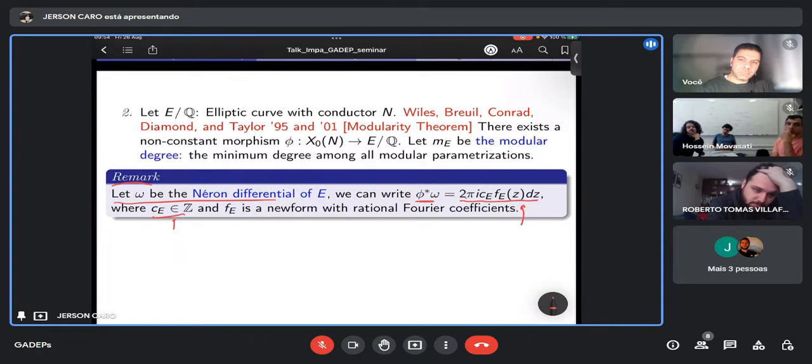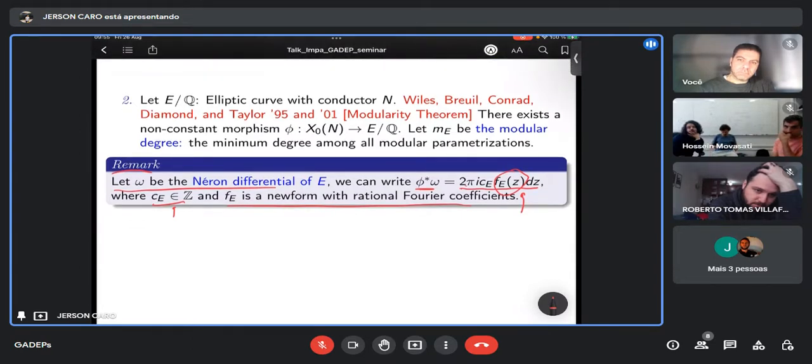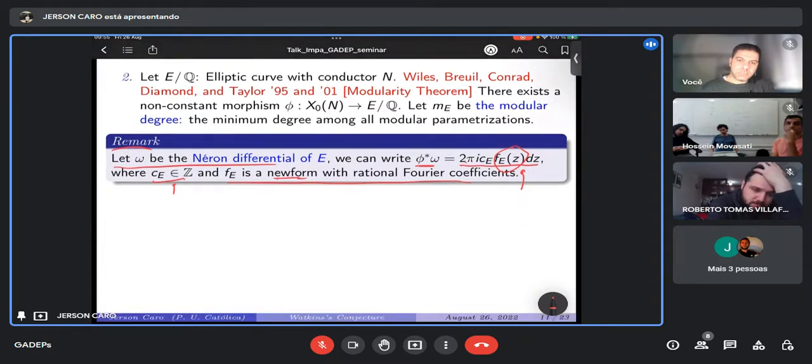It's hard to prove that it belongs to C. And f_E is a newform with rational Fourier coefficients, integer Fourier coefficients to be more precise. But that's the relation between newforms and elliptic curves. Whenever we have an elliptic curve, we can define a newform, and the other direction is also a construction. If you start with a newform with rational coefficients, you can find an elliptic curve.